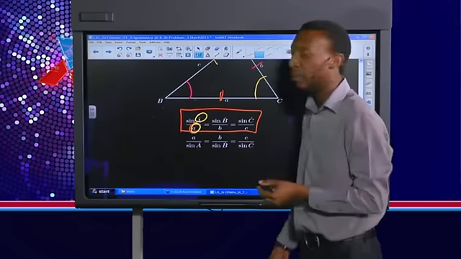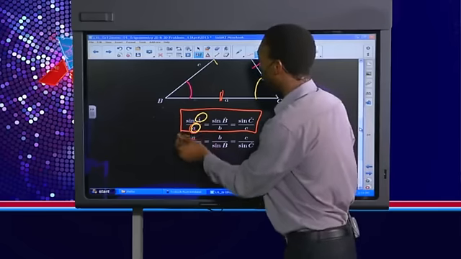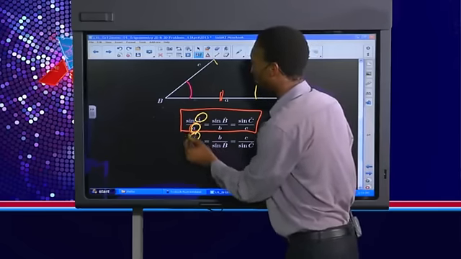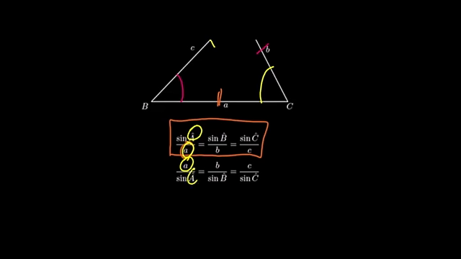It's still the same, where it is now a side divided by sine of the corresponding angle, and that ratio is equal to another side divided by sine of the opposite angle, and that ratio is equal to another side divided by sine of the opposite angle.